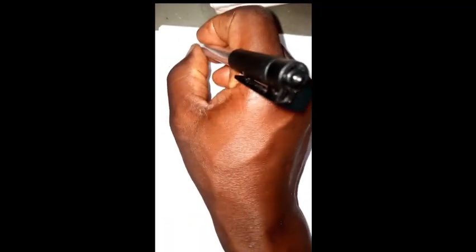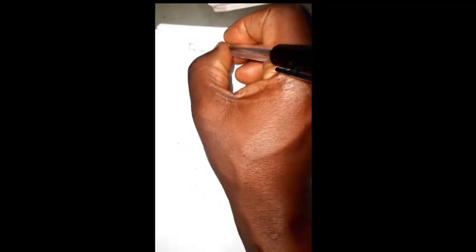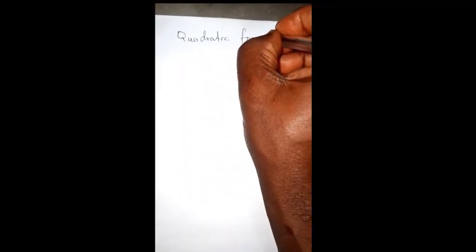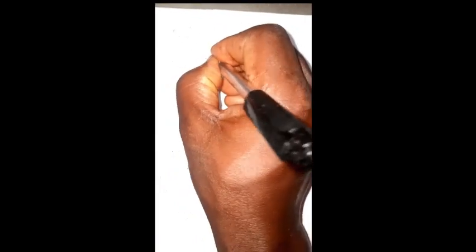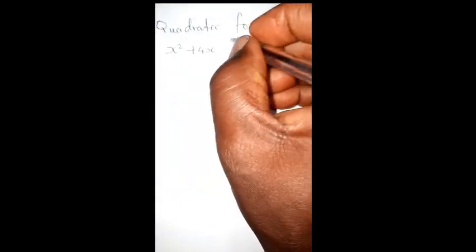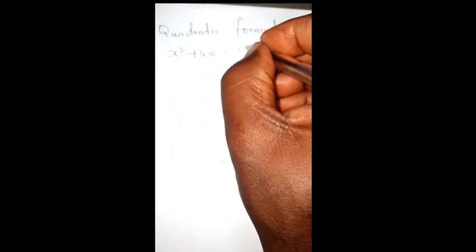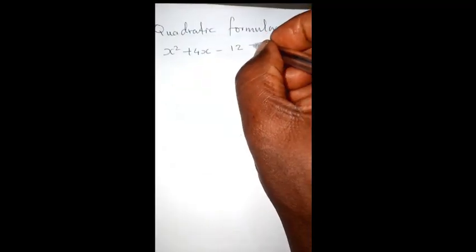So let me write quadratic formula. You will also recall that the problem that we solved last week was x squared plus 4x minus 12 equal to 0.